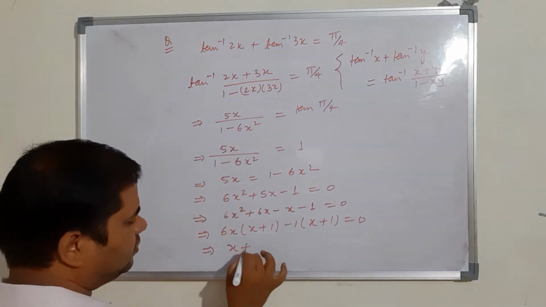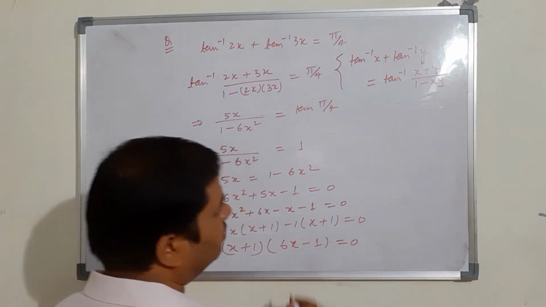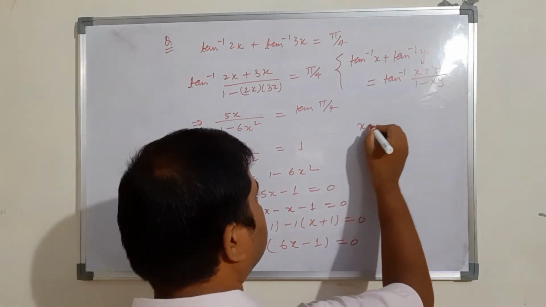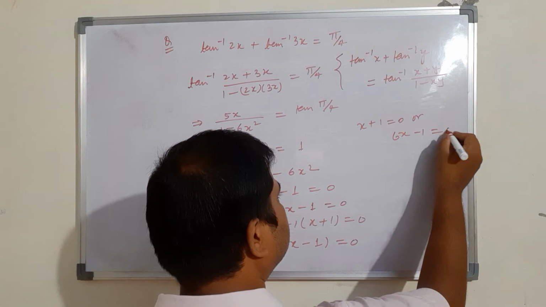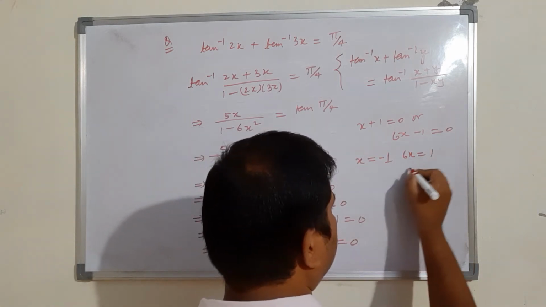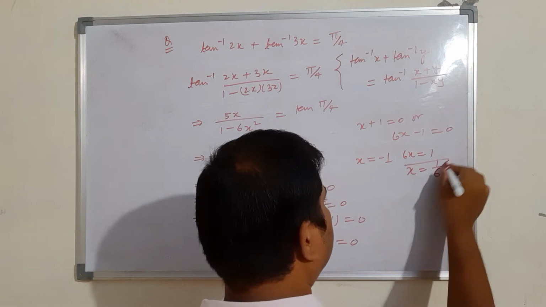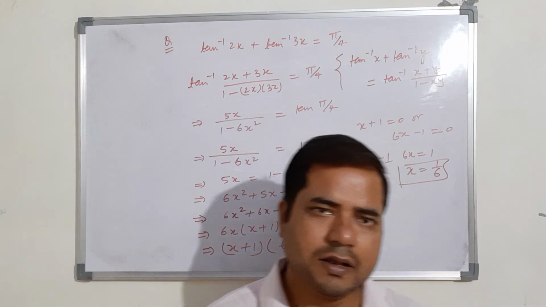So x plus 1 is common, (6x minus 1) is equal to 0. Either x plus 1 is equal to 0 or 6x minus 1 is equal to 0, so x is equal to minus 1 or x is equal to 1 by 6.